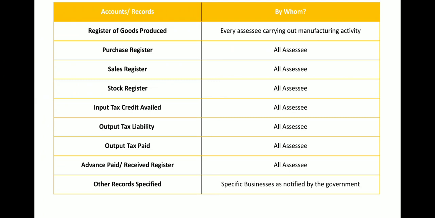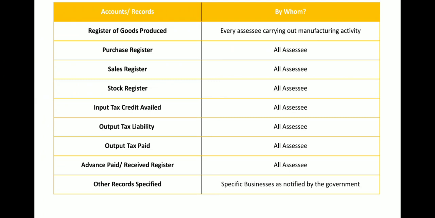And lastly, other records specified, any other records. The government can further specify by way of notifications and circulars. Periodically the government sends circulars or notifications to GST taxpayers, specifying additional records and accounts to be maintained.